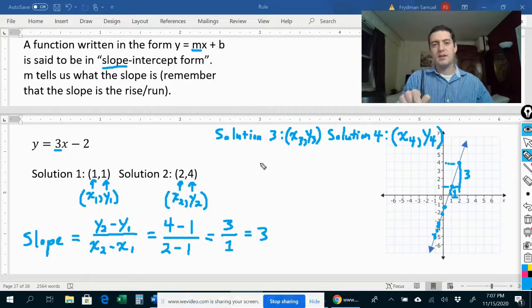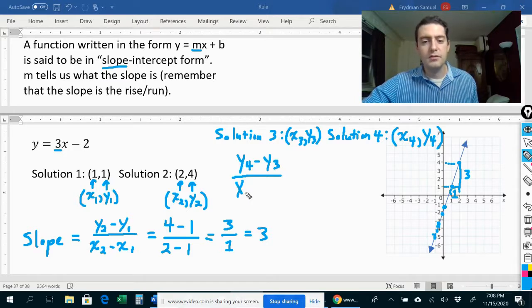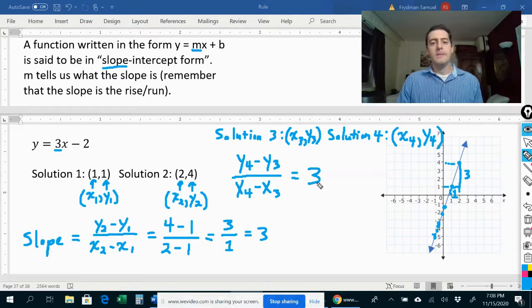If I can show this, then I proved that any 2 solutions to this equation over here would actually, if I did the rise over the run, give me 3. So what I'm trying to show now is that y4 minus y3 over x4 minus x3 is equal to 3. Okay? So if I can show this to you, then I'm done.